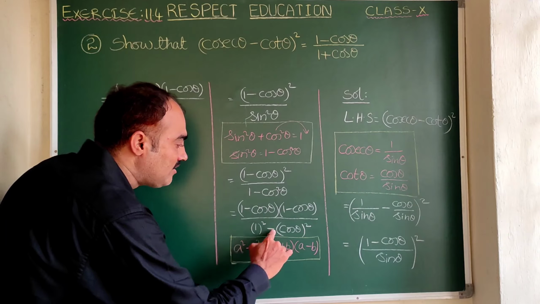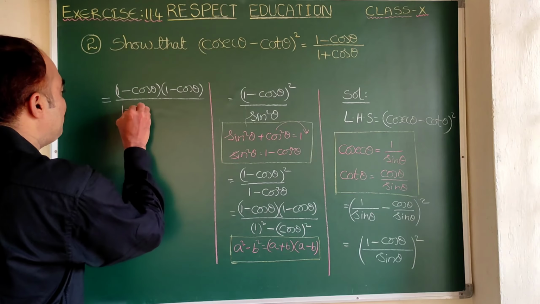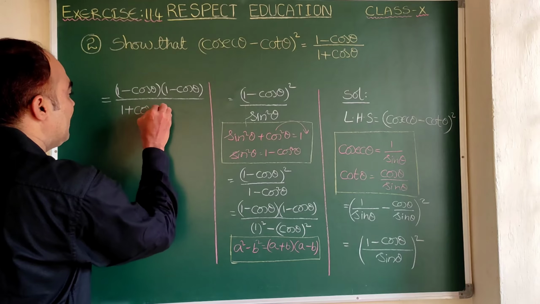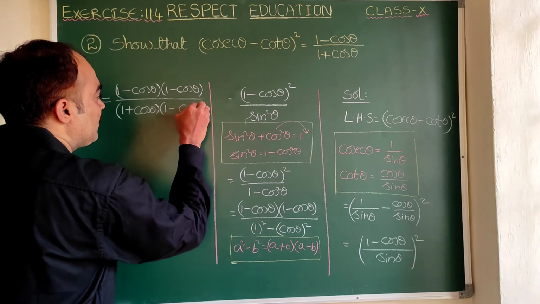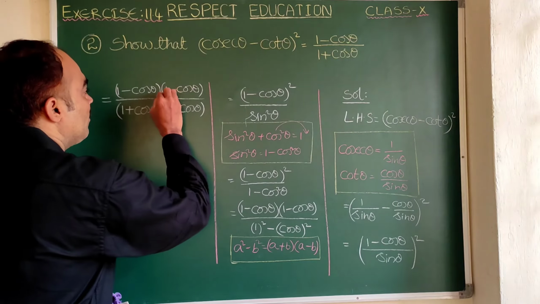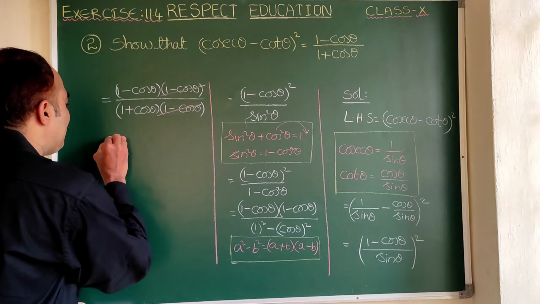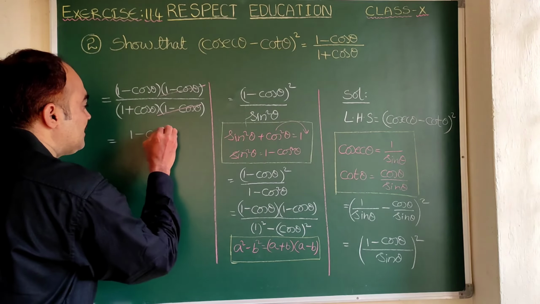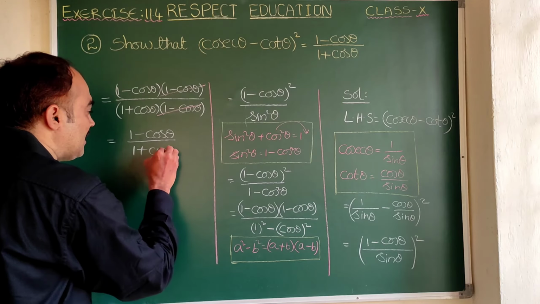Now you tell me, a square minus b square means a plus b, here a means 1 plus b means cos theta, into again a minus b, a means 1 minus b means cos theta. Here what can be cancelled? 1 minus cos theta, 1 minus cos theta, they both get cancelled. Here what is left over now? 1 minus cos theta by 1 plus cos theta.